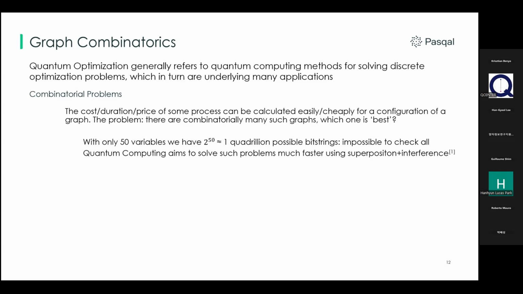Efficiency can also be measured by accuracy, so how close the solution is to the optimal one, which typically is a very important metric because it directly relates to how good your solution is.